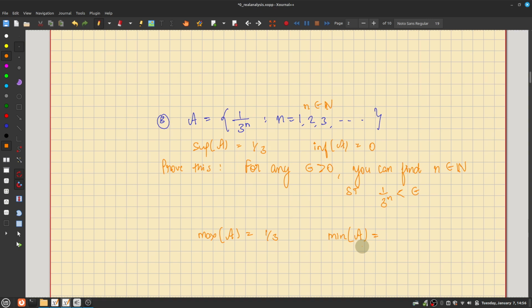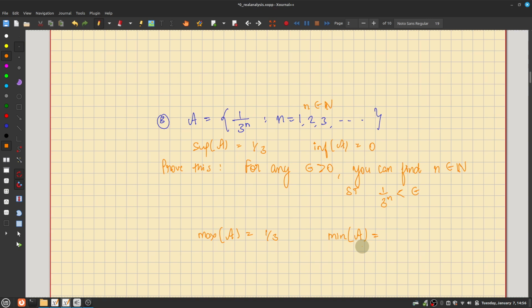For a set which is unbounded below, minus infinity is the infimum. It's the infimum, it's not the minimum. Now, because this is bounded, it becomes the minimum.